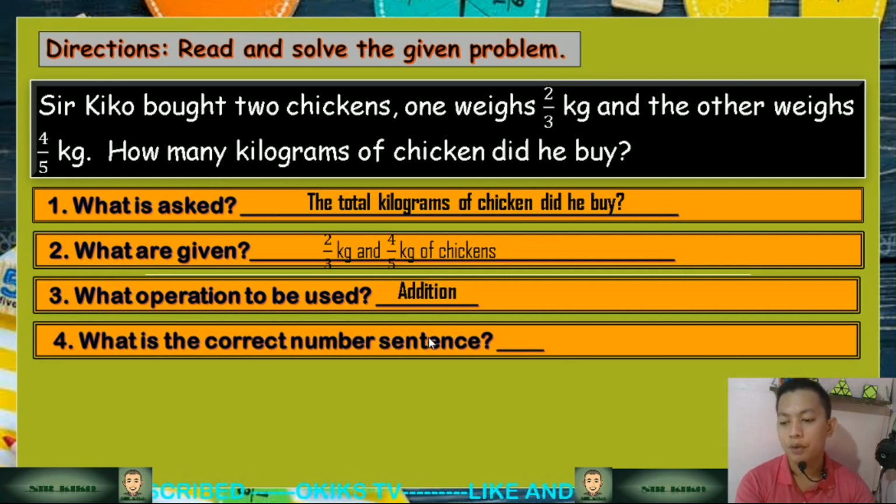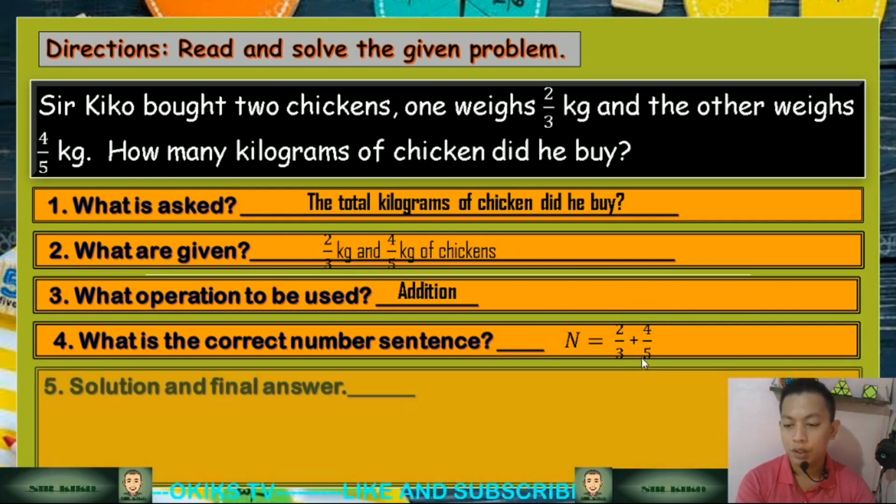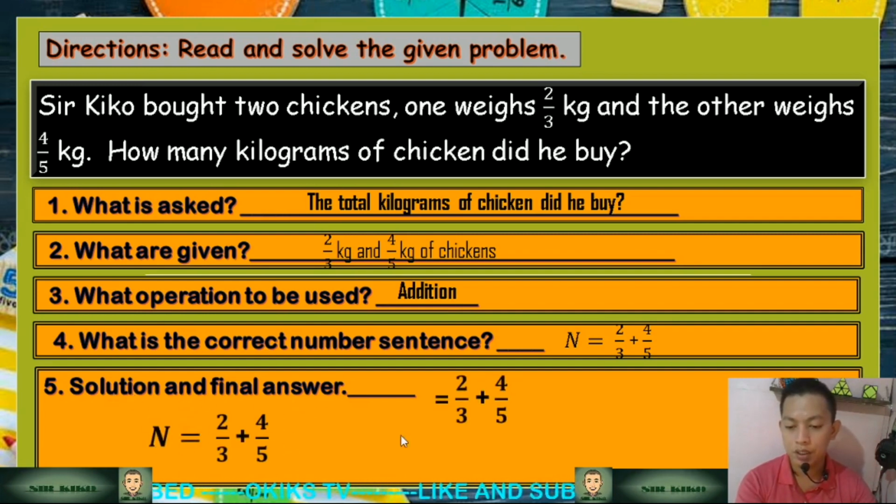And then number 4, what is the correct number sentence? The correct number sentence is, write this: n is equal to 2/3 plus 4/5.